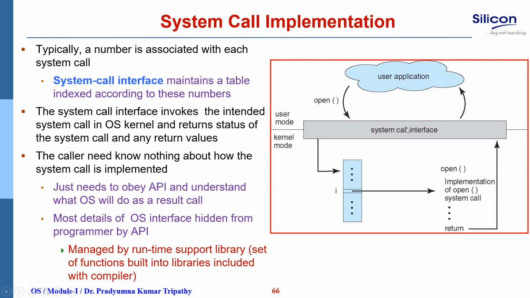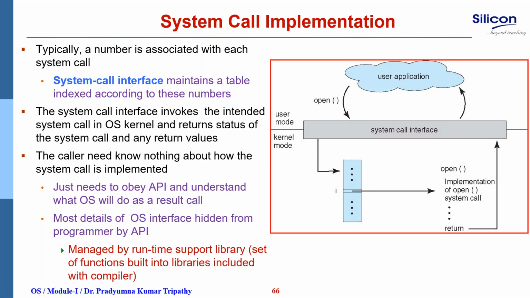So this interface has a table actually. Suppose I have 100 system calls, so these IDs are maintained over here. I have a table in which all those 100 system call addresses are kept. System call 1 is at memory 100, system call 2 is at 150. So the system call along with where it is stored is maintained in a table.